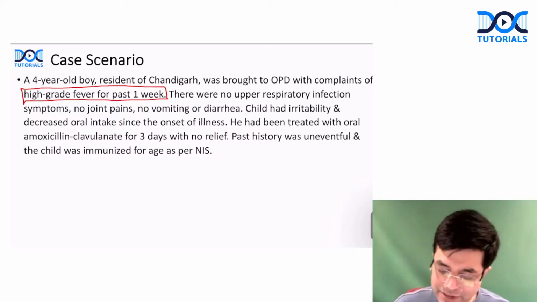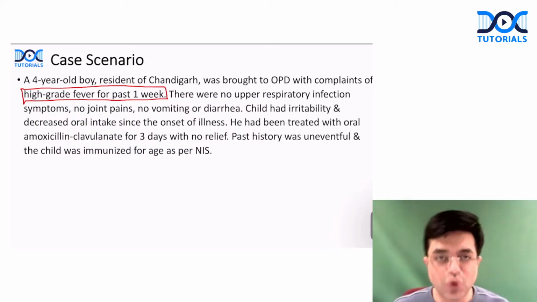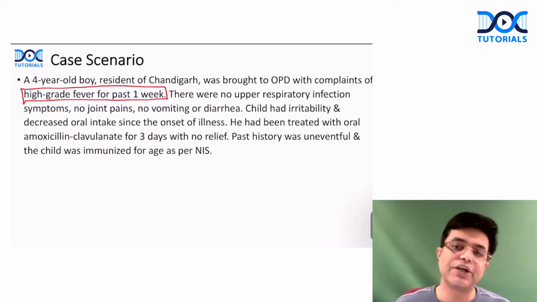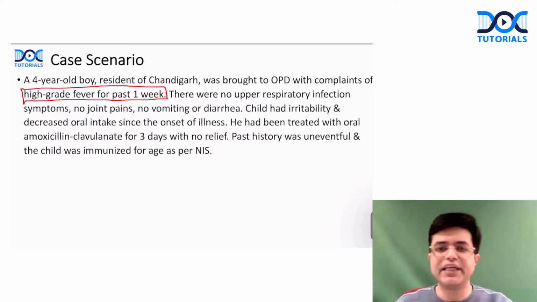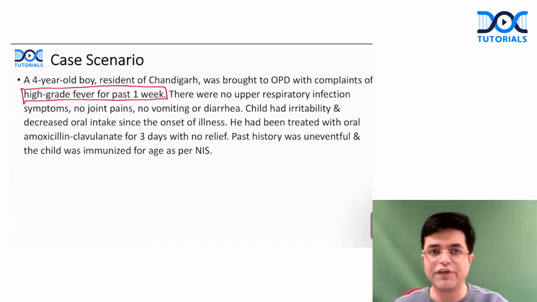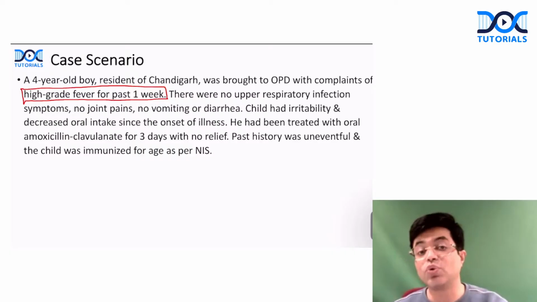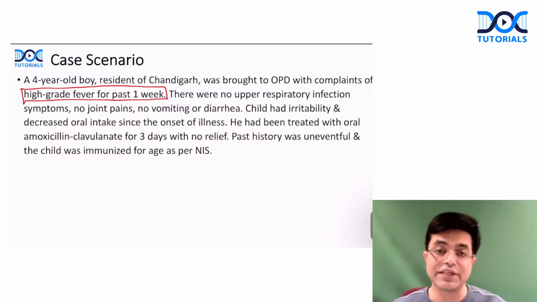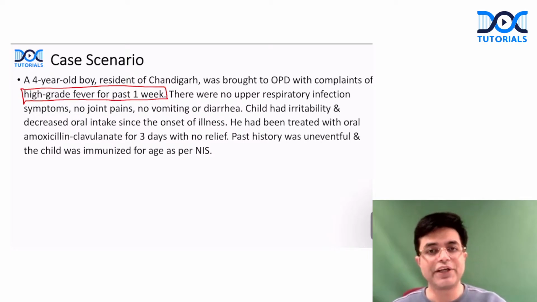There were no upper respiratory infection symptoms, no joint pains, no vomiting or diarrhea. So it is not a JIA like presentation. For JIA like presentation, the duration of illness should be longer and joint pain or arthritis should be present. It is unlikely to be a respiratory infection because there are no other respiratory symptoms like cough, coryza, etc. There is no vomiting or diarrhea, indicating direct or indirect GI involvement is not there in the patient.